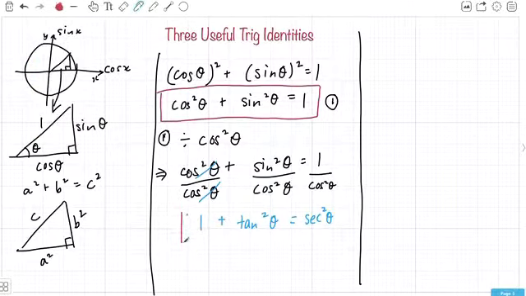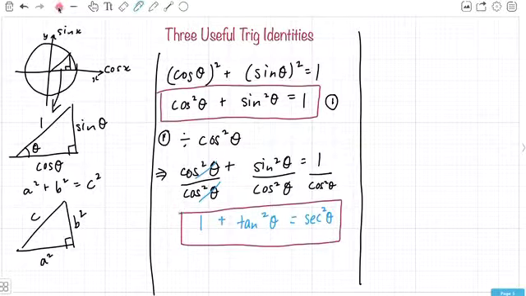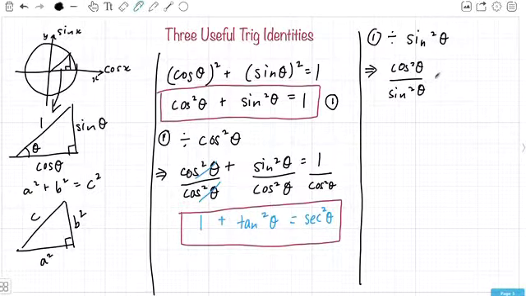And we actually get a last rule in a similar way, and that's by taking a Pythagoras type rule here and dividing by sine squared theta. Now you could stop the video here and actually try and get the result yourself. And I'll just do this nice and quick.